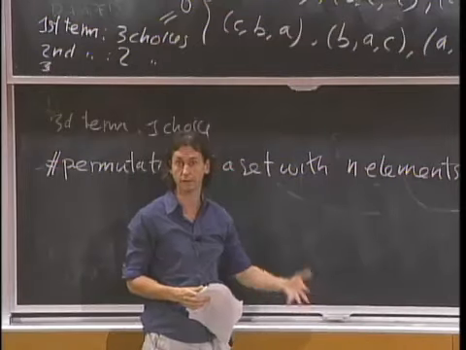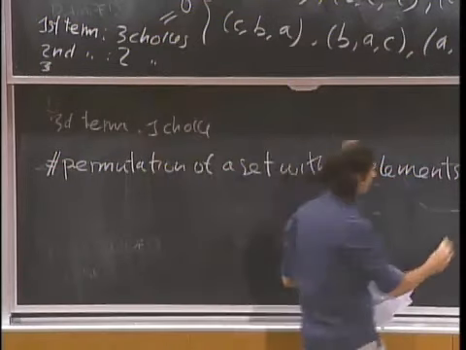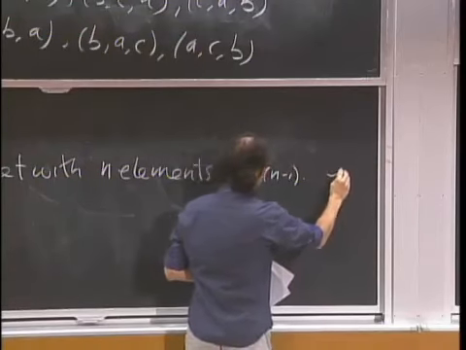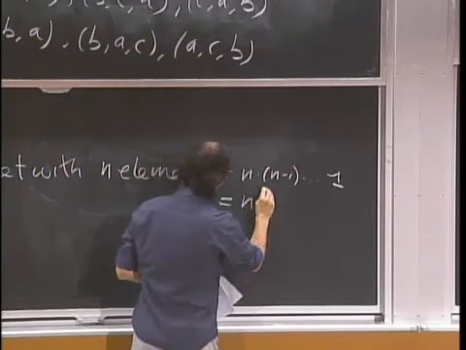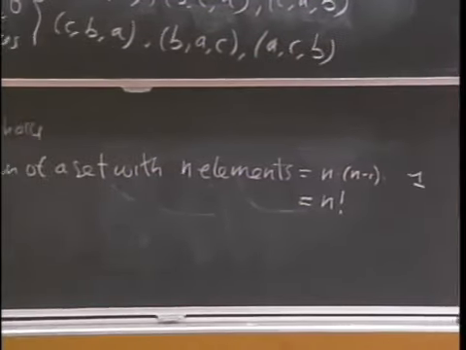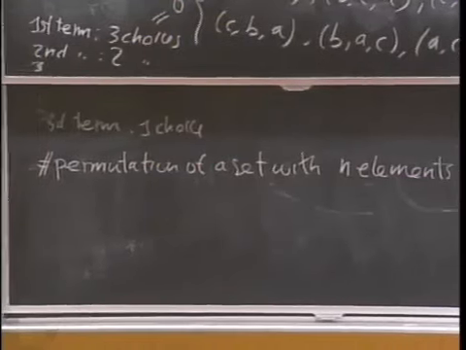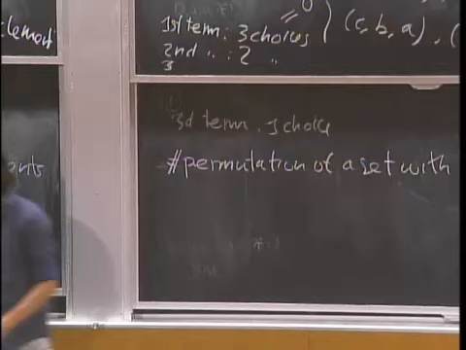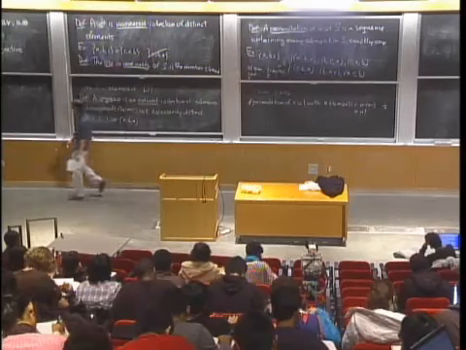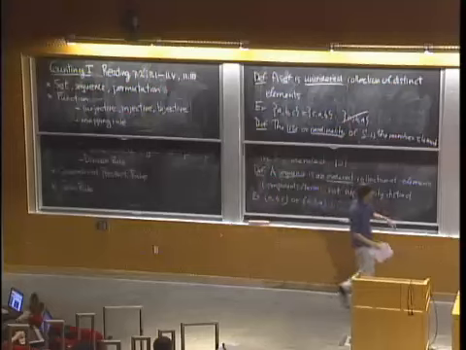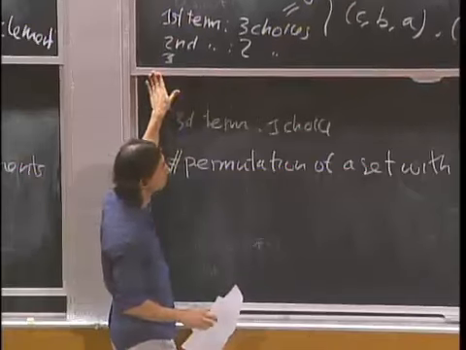N times n minus 1 times n minus 2, etc., all the way up to 1, and this is n factorial. And you've seen this already when we talked about Stirling's formula and how to approximate this. Now, this type of reasoning we will generalize later on when we come to the generalized product rule. But this is already a first example of how we go about this.